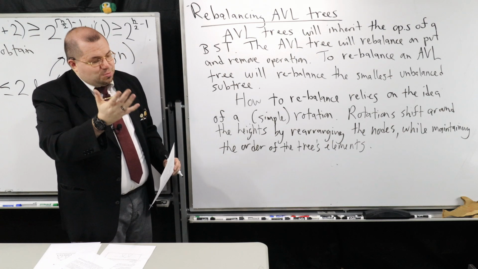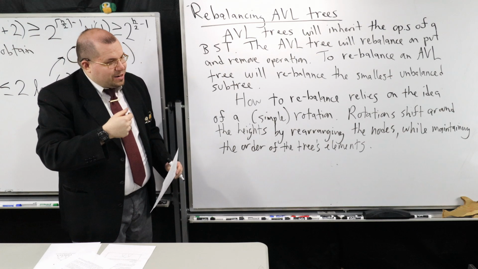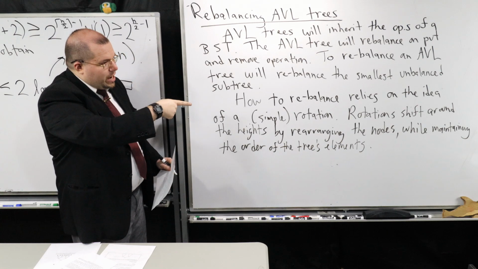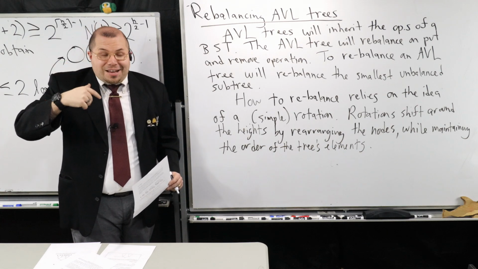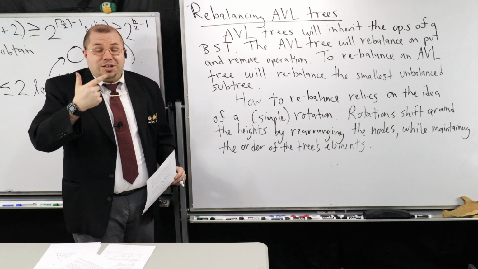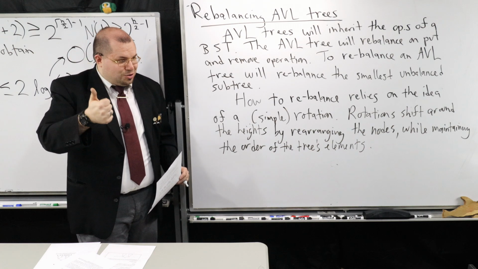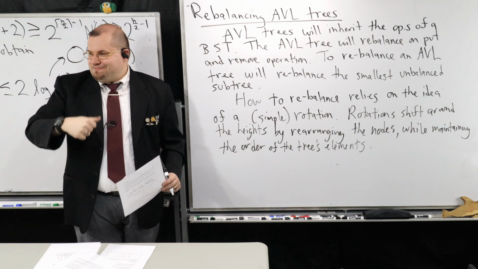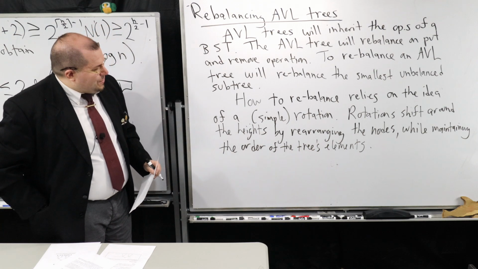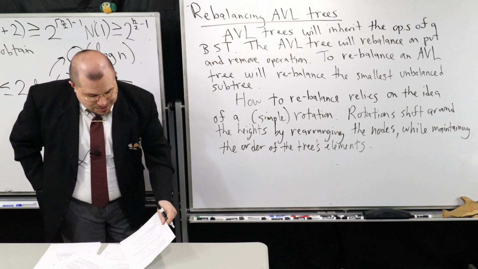We're going to do these rebalancing operations through these so-called rotations to fix that smallest subtree. If we can do this, we can ensure that the whole tree is rebalanced. So good to go. I want to talk about this rotation business.